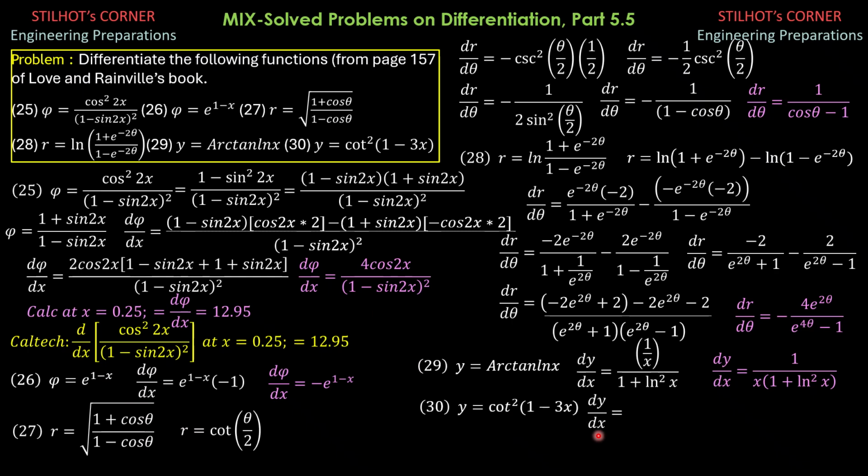So this is 2 cotangent of 1 minus 3x times negative cosecant square of 1 minus 3x times negative 3. So negative 3 times negative 1 is positive 3 times 2, so 6. So the final answer is 6 cotangent of 1 minus 3x cosecant square of 1 minus 3x.